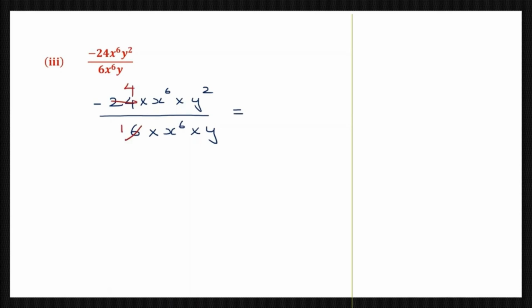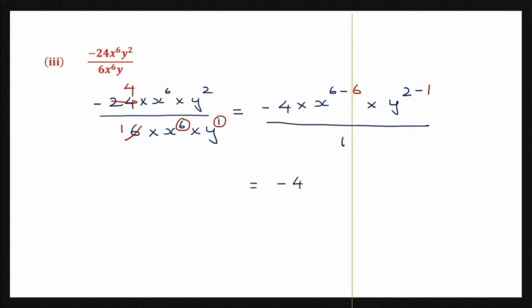So let's continue. Minus 4 into x to the power of 6 minus 6 into y to the power of 2 minus, now this is 1 here, so I will take this up, minus 1. And in the denominator, I have only 1 left now because everything else has been cancelled.